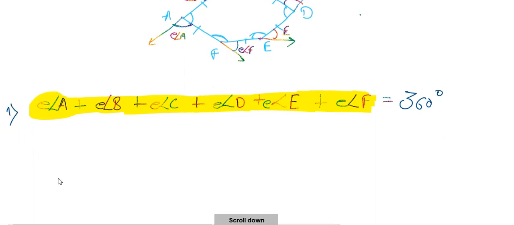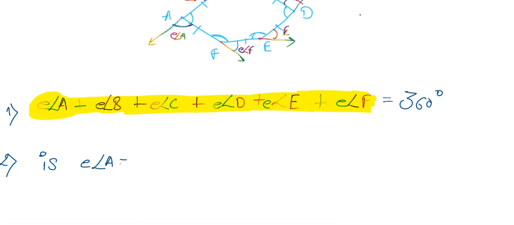The second part of the question is an interesting one. It is given that all the external angles are equal in measure.